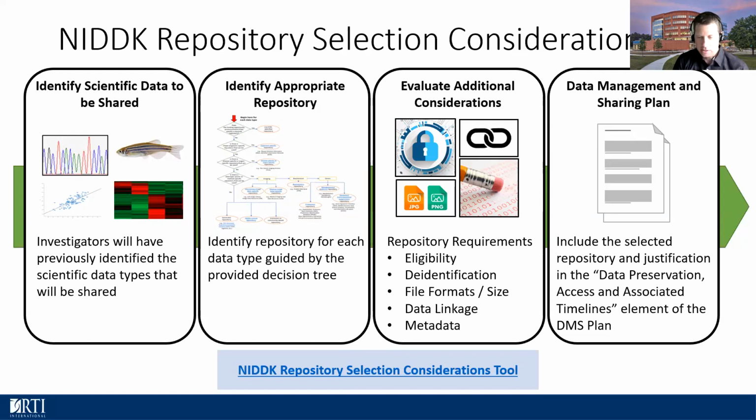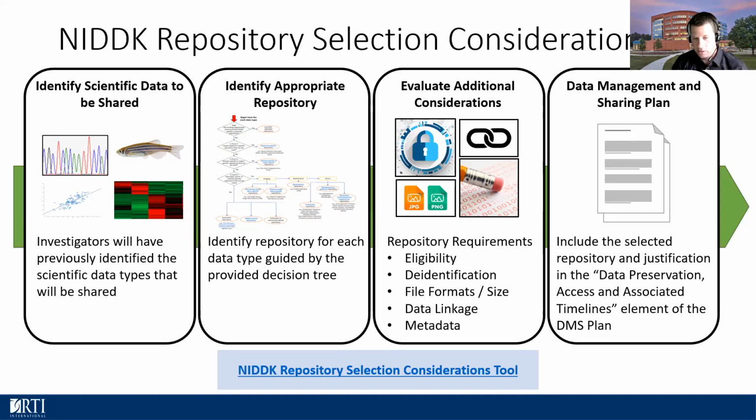In addition, there are examples in this decision tree that also describe how that workflow would be followed for specific data types for hypothetical studies. There are also additional considerations that factor in. Once you've identified a repository, your obligations don't end there. We need to go in and look at the policies for that repository and determine whether it's appropriate for your specific data type.